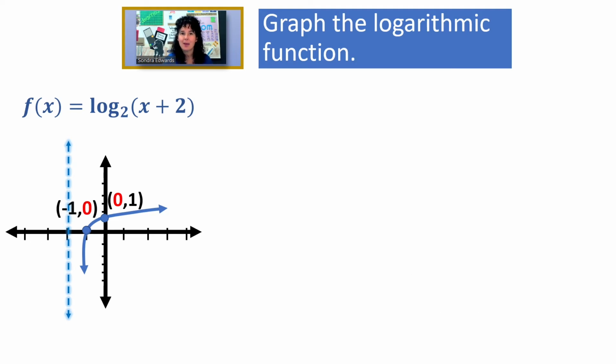Okay, then extrema. Okay, remember back, what does extrema mean? Those are local mins and maxes. Like a parabola might have a minimum or a maximum. Okay, logarithms do not have local mins and maxes because the official definition of a local minimum, for example, is the point where a function changes from decreasing to increasing, right?